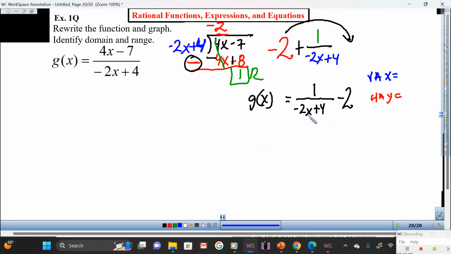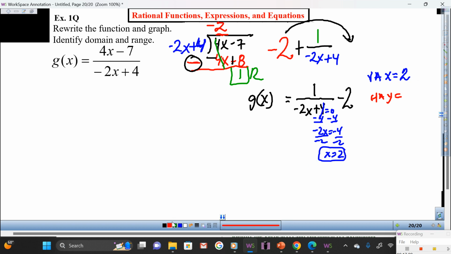Make it equal to 0 and solve. Minus 4 minus 4. We got negative 2x equals negative 4. Divide by negative 2. So x equals 2. That's our VA.